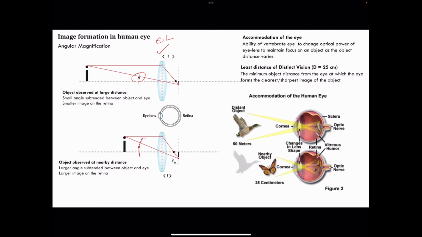Now, not just that, imagine a vertebrate like a cheetah which runs at such a high speed to catch its prey in the jungle. Before it starts to hunt, it will lock its target, it's going to lock its vision on the prey which it's going to catch.